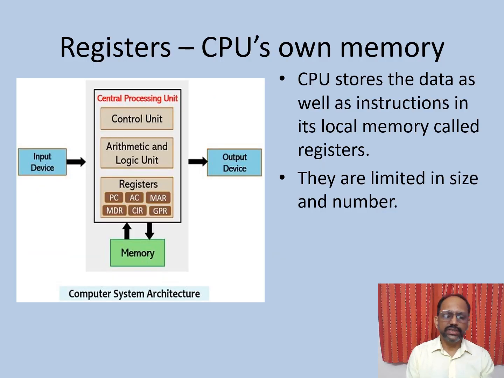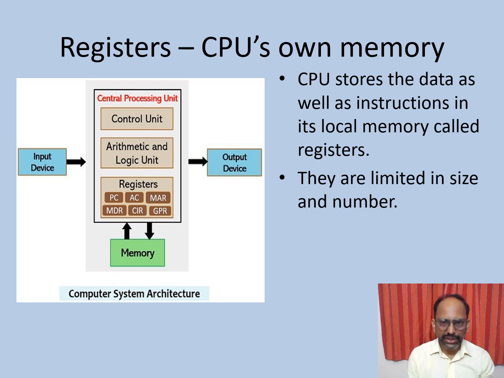Registers. What are registers? The data initially stored in the memory. From the memory, the data will enter into the CPU. CPU should also have some memory to store that data. There is a memory for the CPU, for the use of CPU.